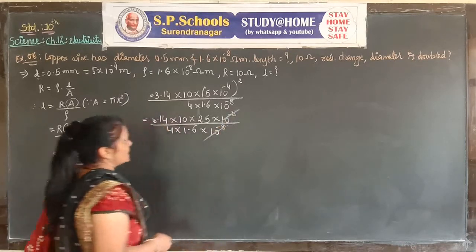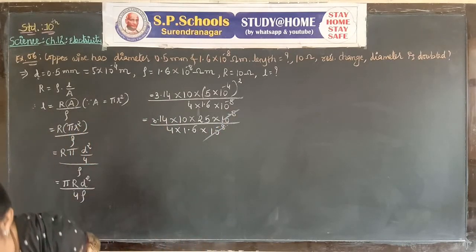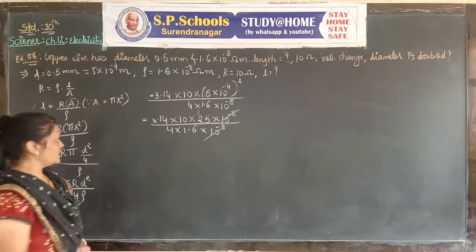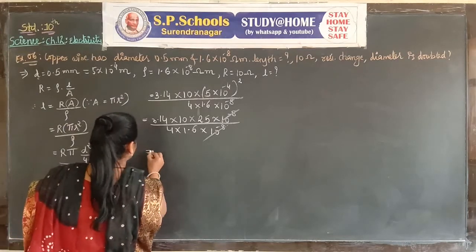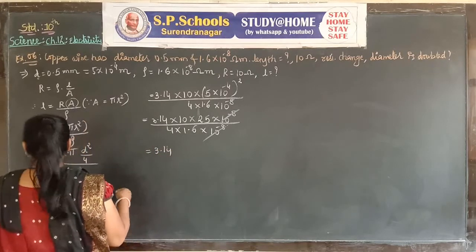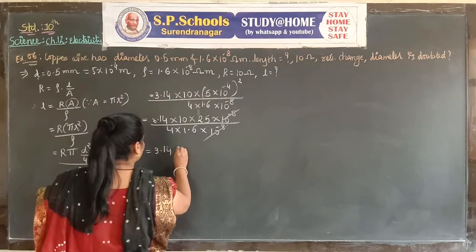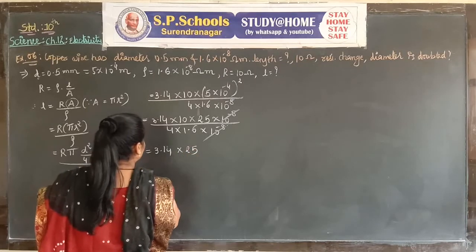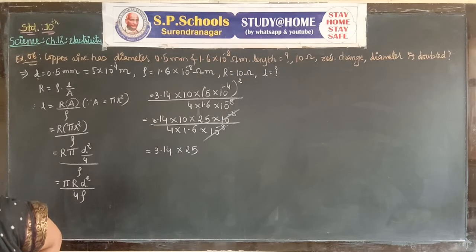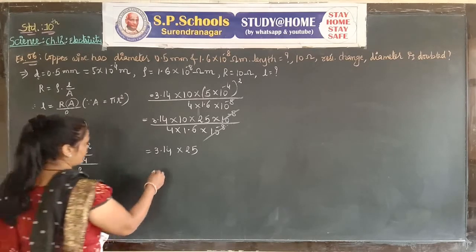Here minus 8 will be cancelled, and finally we get 3.14 into 25 upon 6.4.